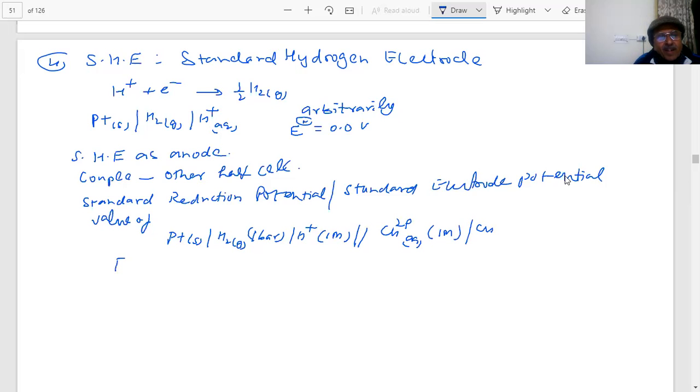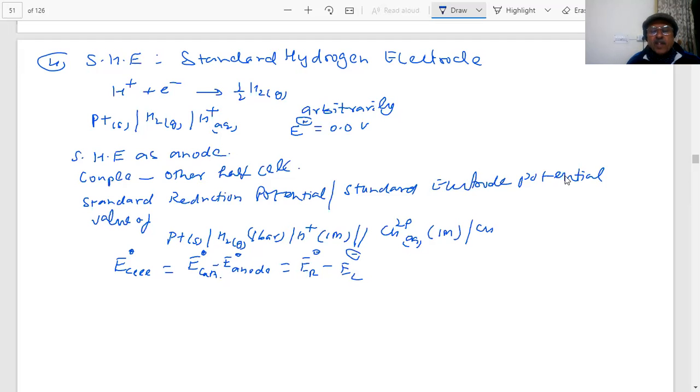So in this case, what is the value of the standard cell potential of this, students? That is E cathode minus E anode, or E naught right minus E naught left, if I represent by this standard value representation.